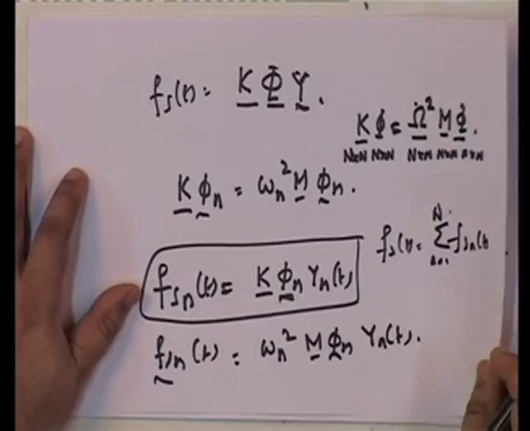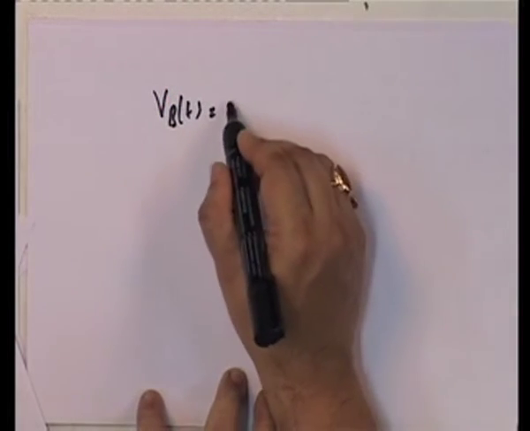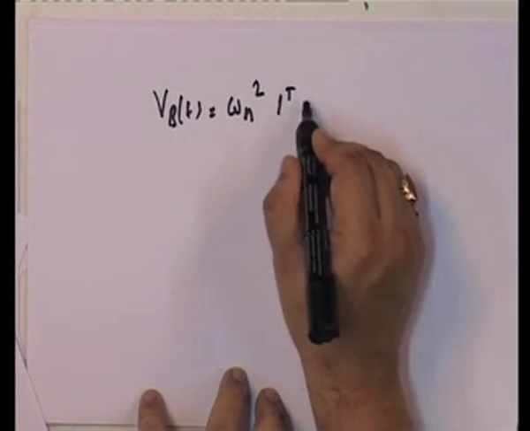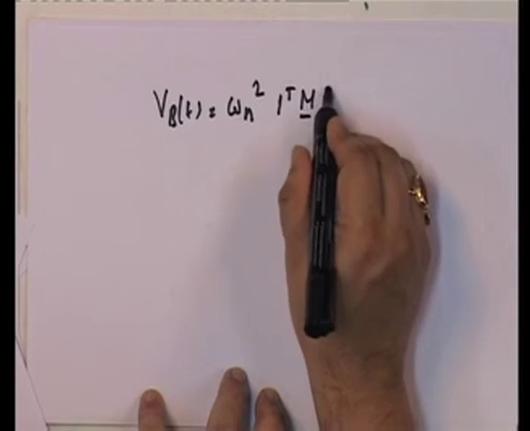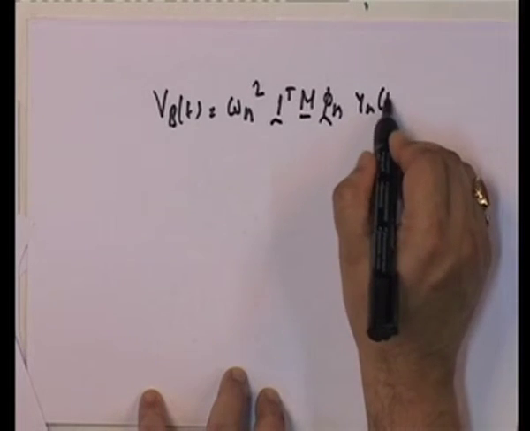Now, if I were to look at the base shear, what is base shear? It involves 1 transpose. So V b of t is equal to omega n squared 1 transpose m phi n y n of t.